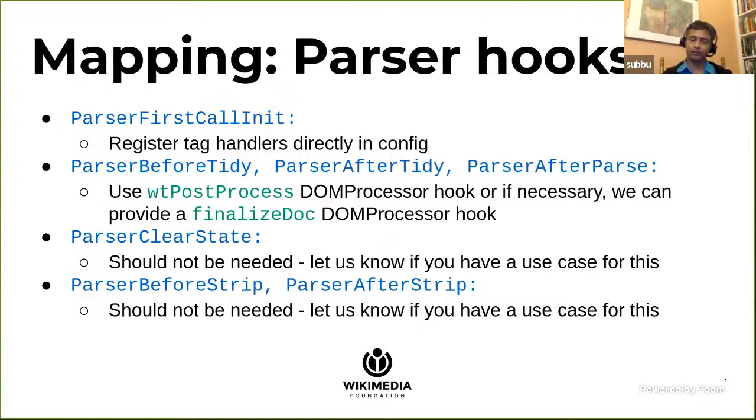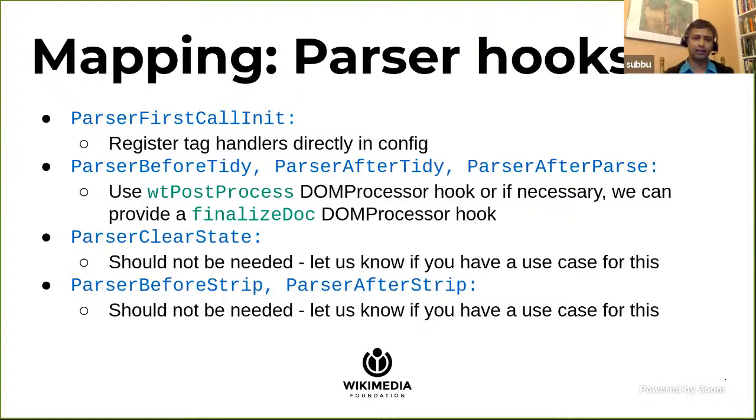Firstly, let's look at parser hooks. I won't go over all the parser hooks. You can find that information on the wiki, but let's look at a few. If your extension uses the ParserFirstCallInit hook, then you are probably using this for registering extension tags or other hooks or other listeners. You don't need to do this in Parsoid.